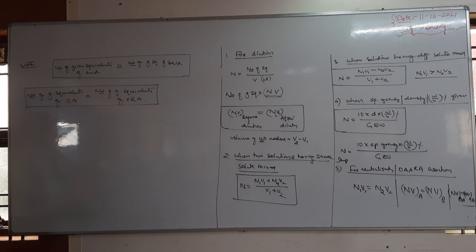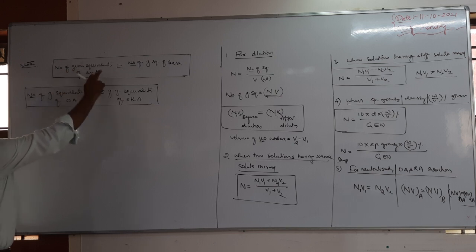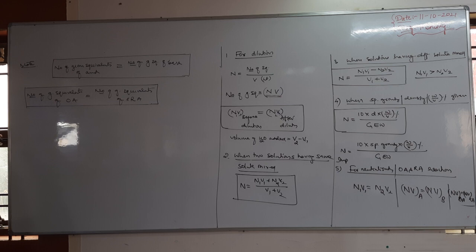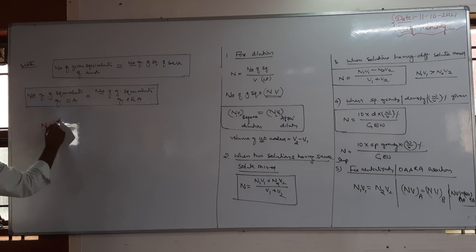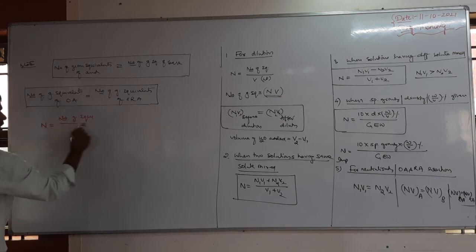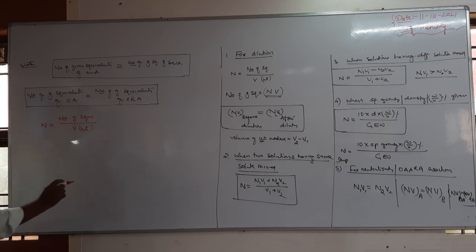Now tell me, the number of gram equivalents of acid must be equal to the number of gram equivalents of base. Then what is the number of gram equivalents? We have studied normality equals number of gram equivalents divided by volume, which should be in liters.